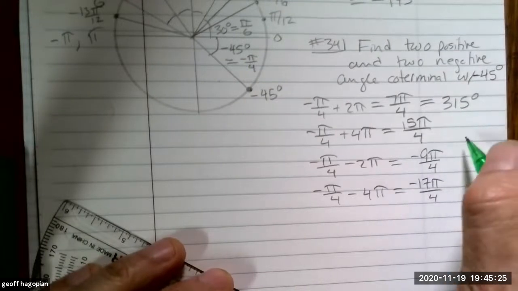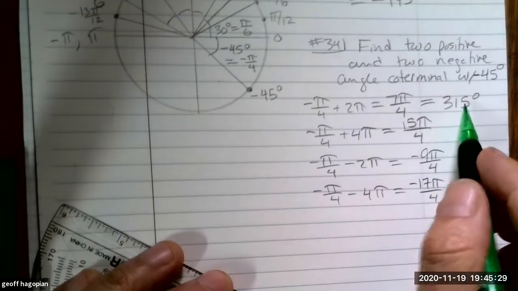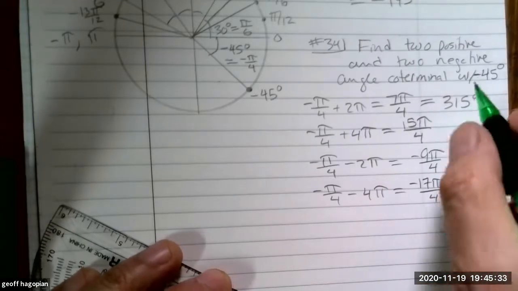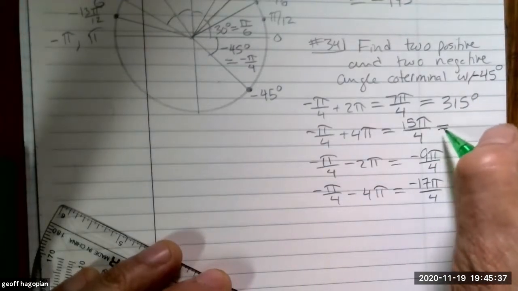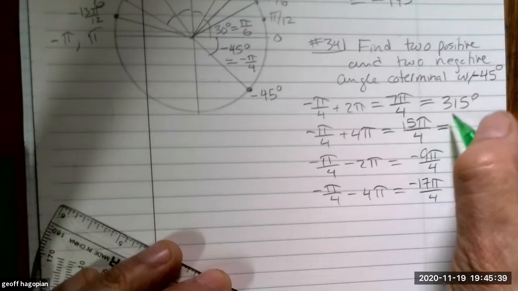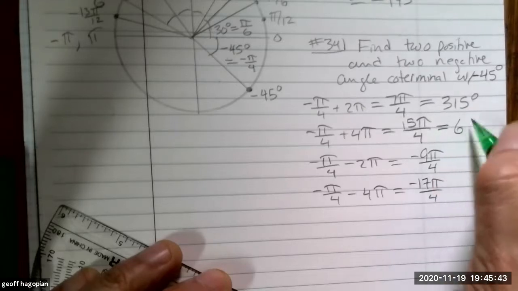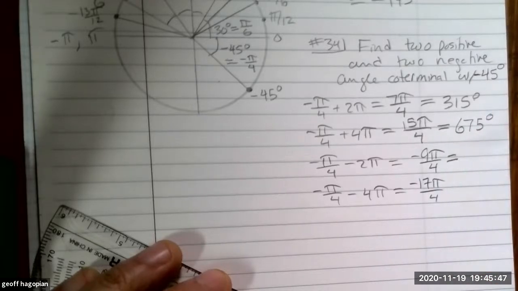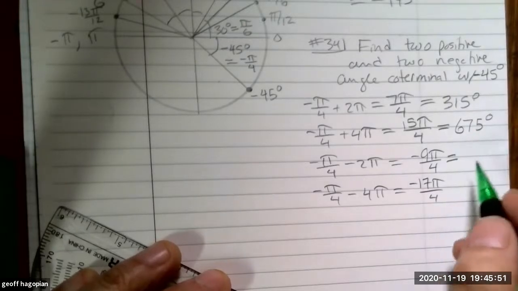So the degree measure. See why it's important to write degrees? If you don't write degrees, it's assumed they're radians, right? So if you mean degrees, put in the little degree sign here. So then this is yet another 360 around. So that's going to be 675 degrees. That's 45 short of 720, which is twice 360.